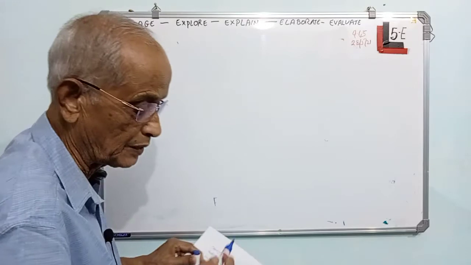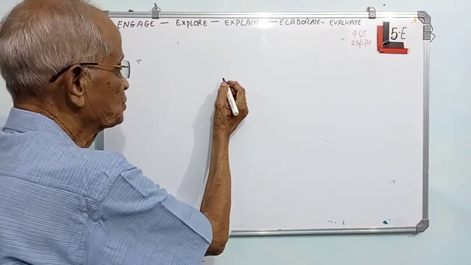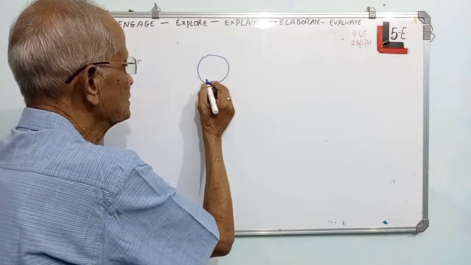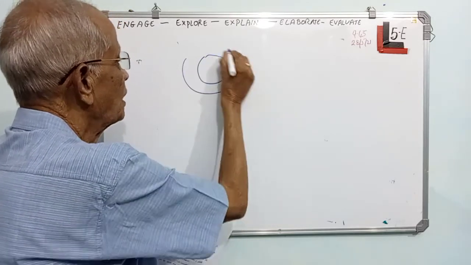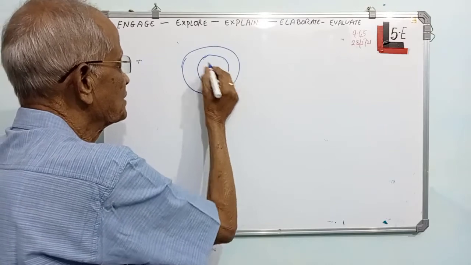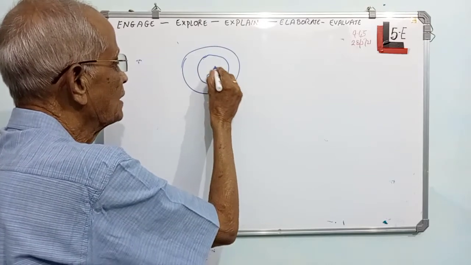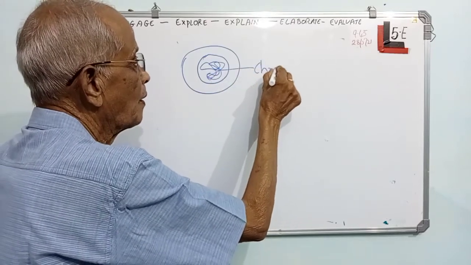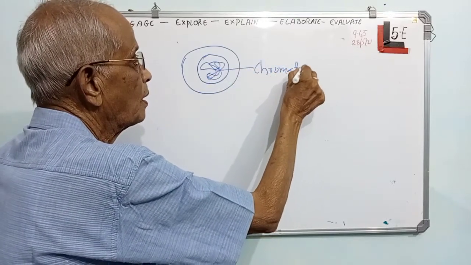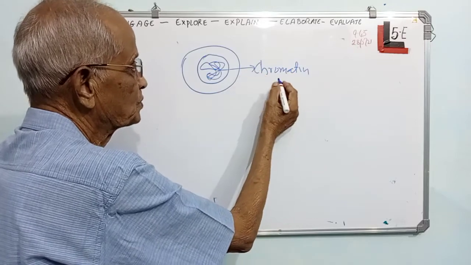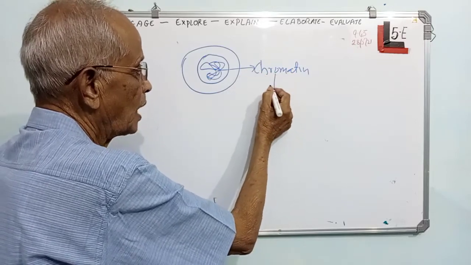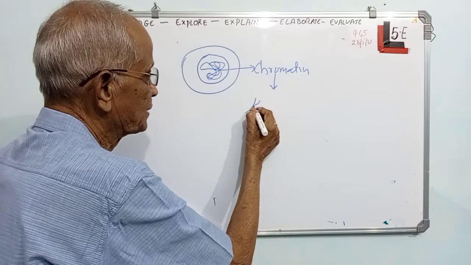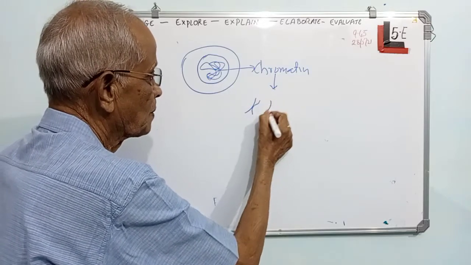When we come to the modern genetics, we should know that a nucleus contains, imagine that is a nucleus in a cell. Nucleus may contain inside the nucleoplasm, and inside that there will be a long chromatin. This chromatin at the time of cell division, they divide into small thread-like structures like that.